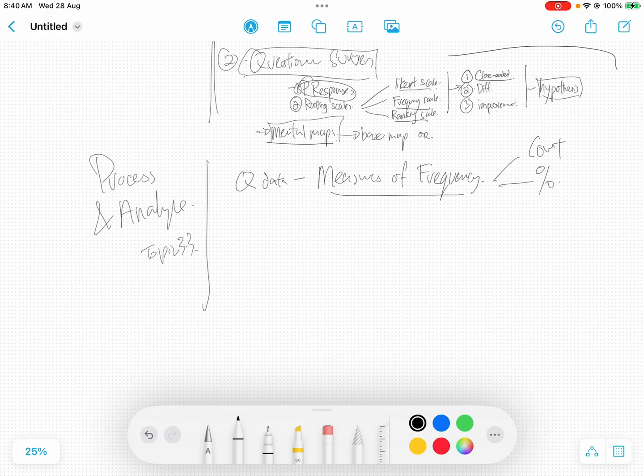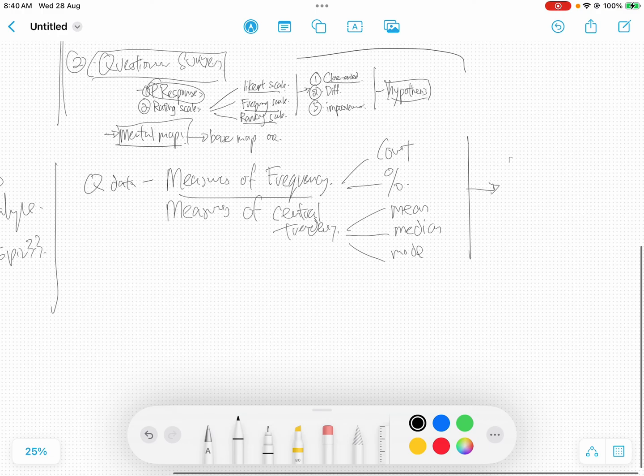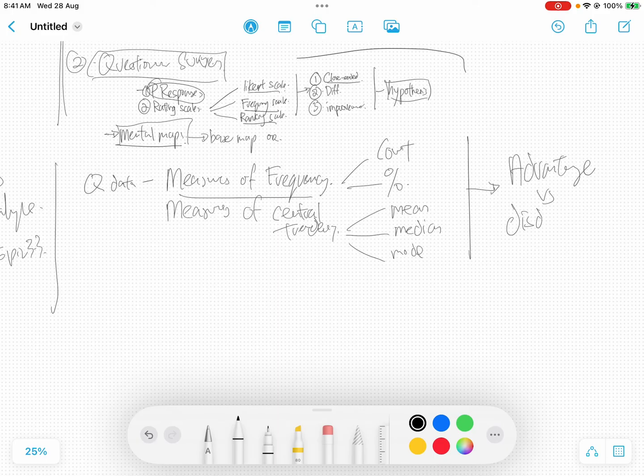And then next you have the measures of central tendency, trying to find out what is the average, for example. So you have your mean, median, and mode, right? So know all these methods. Make sure you know how to use them and how they come out. Please know the advantage versus the disadvantage.